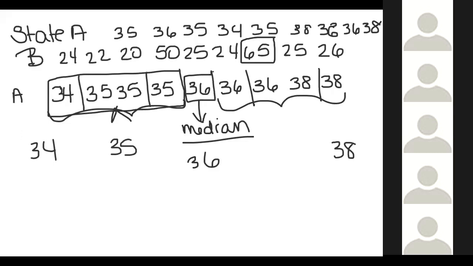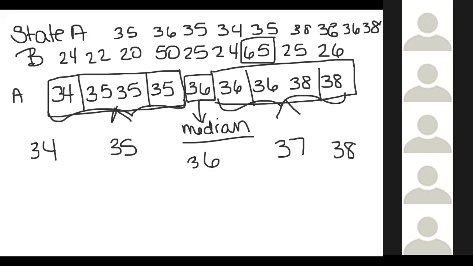Then I do the same thing for the right side, the median there is 36 plus 38 divided by 2, which gives me 37. So if they ask you what is the 5-number summary of the data for state A, you would say 34, 35, 36, 37, and 38.